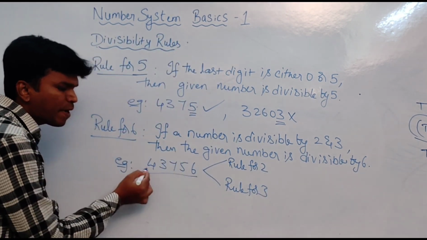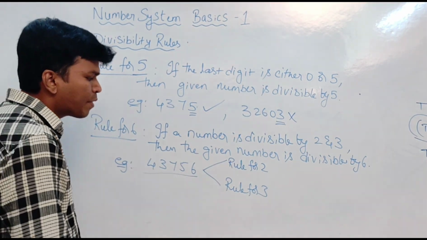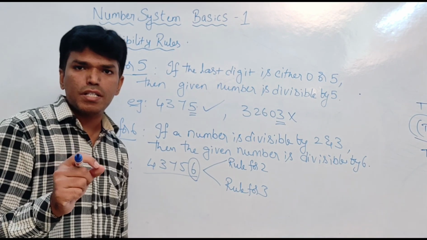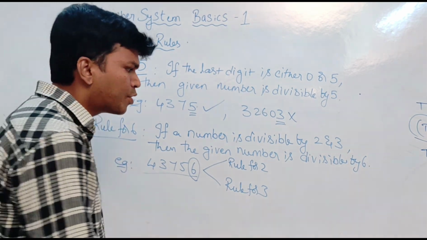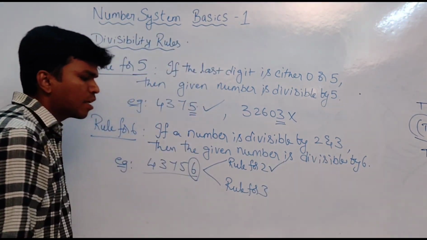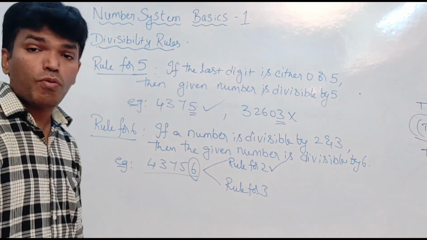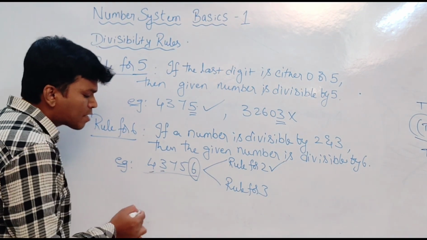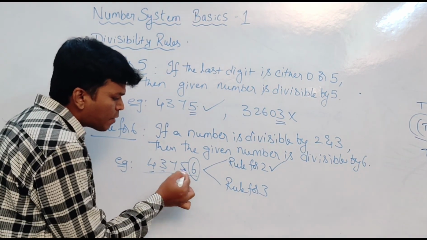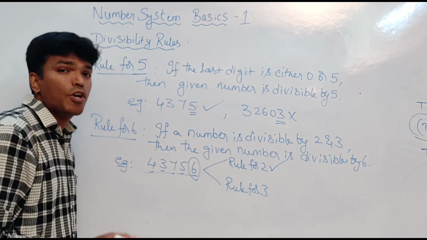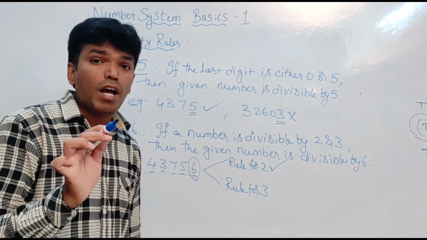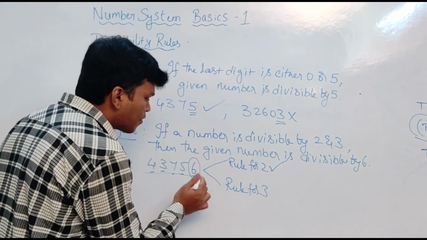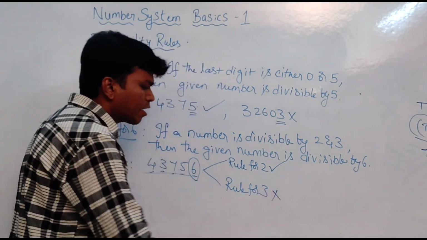First, is it divisible by 2? Yes, because the last digit is 6. Whenever the units place is an even digit, then it is obviously divisible by 2. Now, is it divisible by 3? So what we have to do is the sum of the digits. 4 plus 3, 7. 7 plus 7, 14. 14 plus 5, 19. 19 plus 6, 25. Is 25 a multiple of 3, my dear friends? No, it is not. Therefore, it is not divisible by 3.